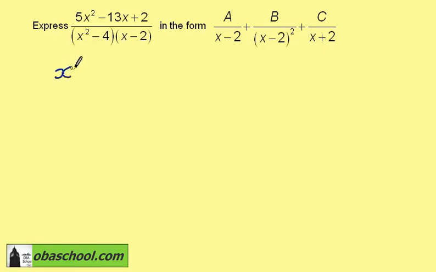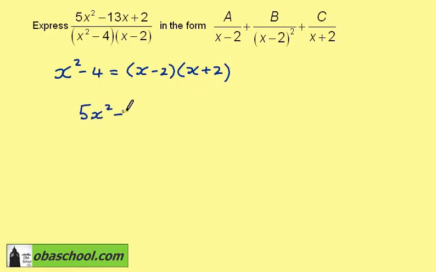If we look at x squared minus 4, we might think that this is not a linear factor. x squared minus 4 is a quadratic. However, it's a difference of two squares, and we know that this factorizes to give x minus 2 times x plus 2.